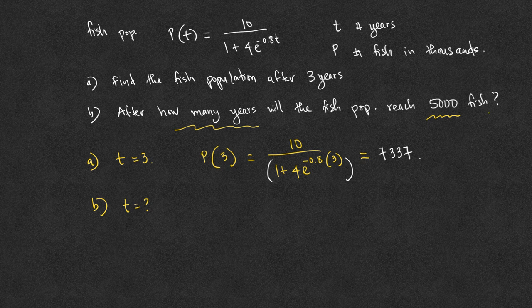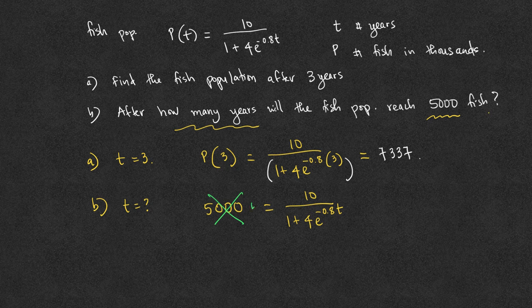It would be a mistake to plug in 5,000 and set it equal to 10 over 1 plus 4 e to the negative 0.8t. This is an incorrect setup because p is the number of fish in thousands, and so 5,000 is only 5 in this case.